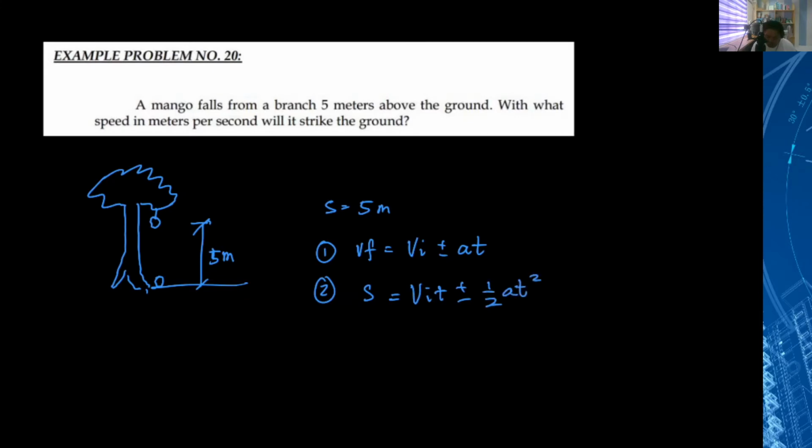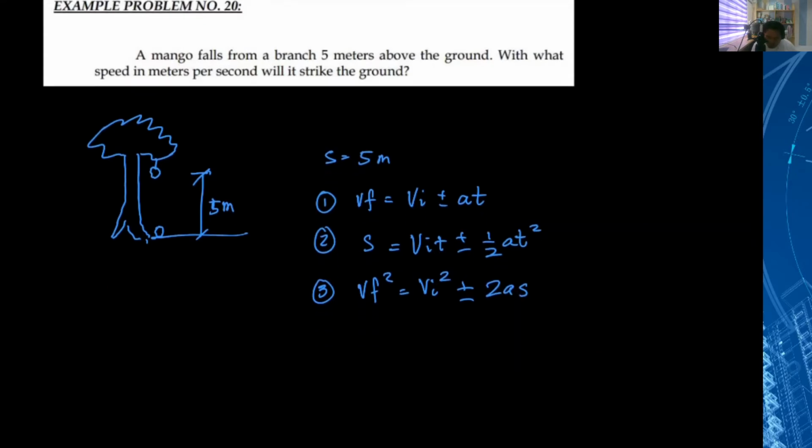The third formula is Vf squared equals velocity initial squared plus or minus 2AS. So we will examine which formula to use. We have two formulas that involve distance, S. By inspection, I think we can use formula number 3, because formula number 2 involves time, and time is not given in our problem.